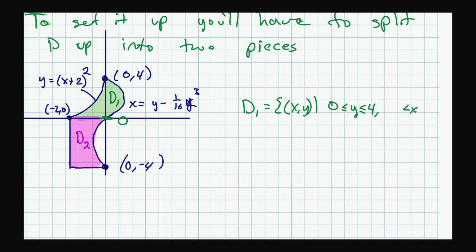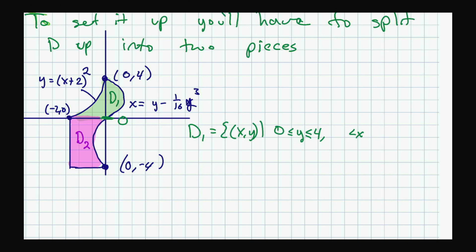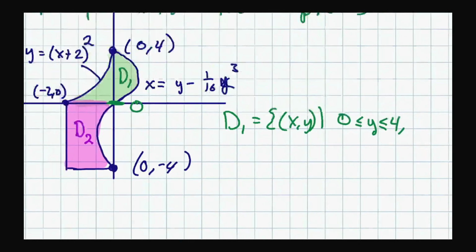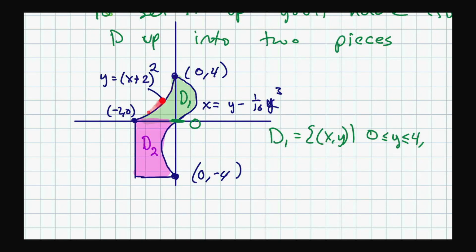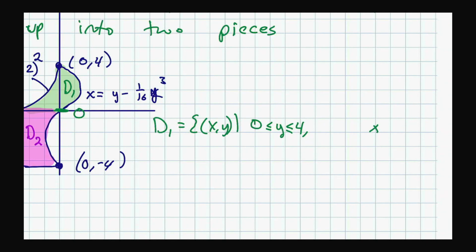And then the x value, which I didn't leave myself enough room to do, so let's move this over. The x is between this curve on the left and this curve on the right, which the curve on the right is already written as an x equals, so that's good because you can do x less than y minus 1/16 y cubed.